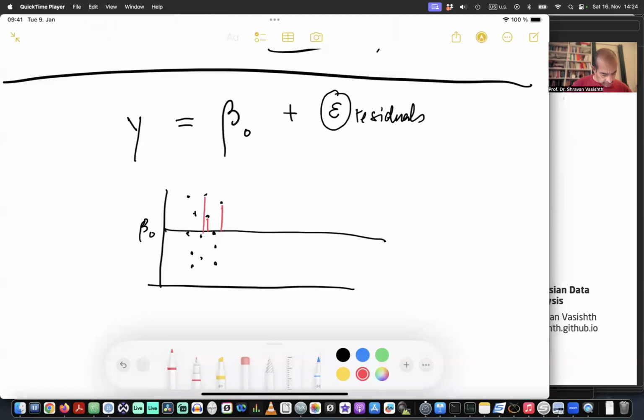So the beta parameter that we are estimating here will, in some sense, be the best fit to the data. And by best fit, what I mean is it's using the least squares criterion to minimize the average square distance between the horizontal black line and the actually observed data.